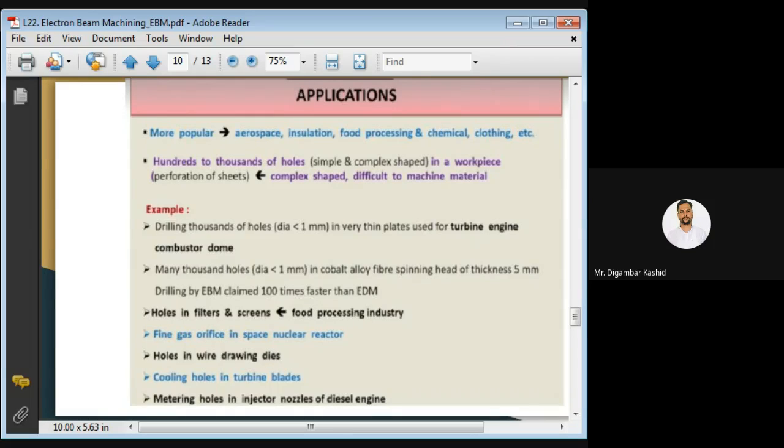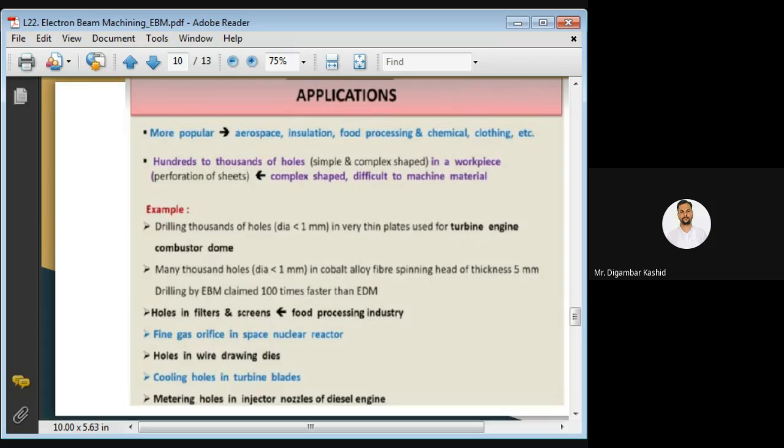Again, perforation of sheets with complex shapes and difficult to machine materials can be done. That activity we can also perform using this beam machining.